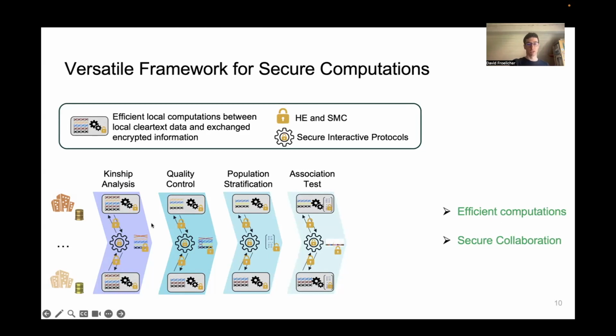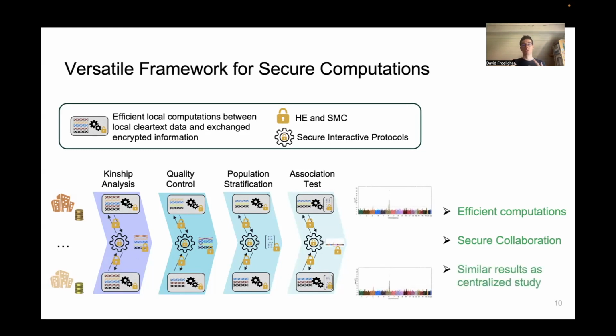The result of each step is kept encrypted and used in the following steps. So the parties securely collaborate without revealing any information about their data to the other parties, such that at the end they get results as if the study was performed on the pooled data set, but again, without having learned any information about the other party's data.